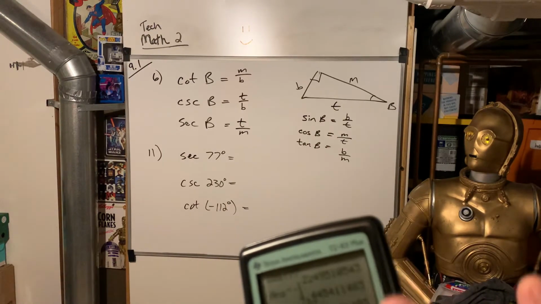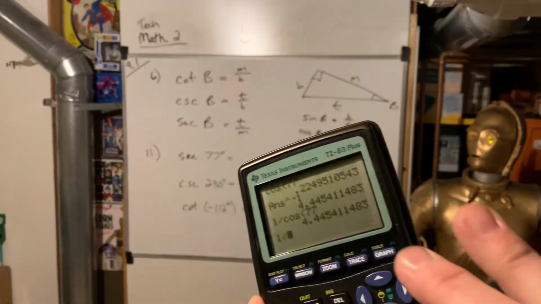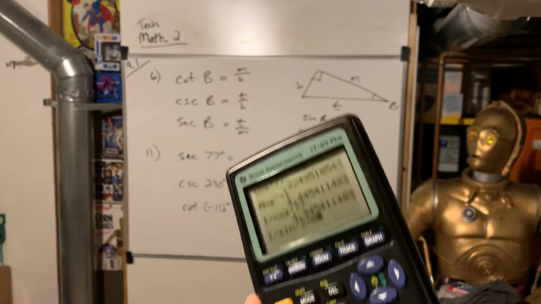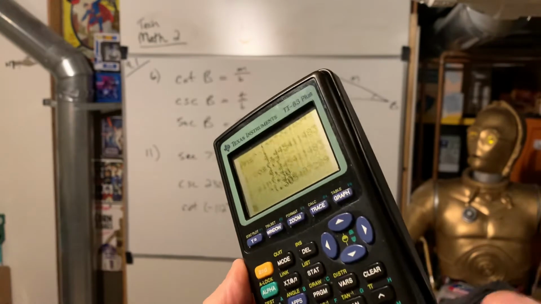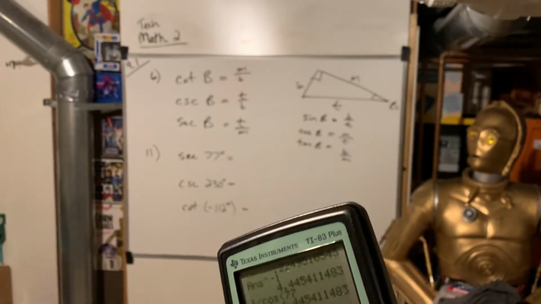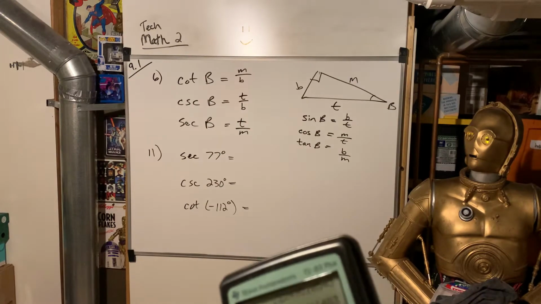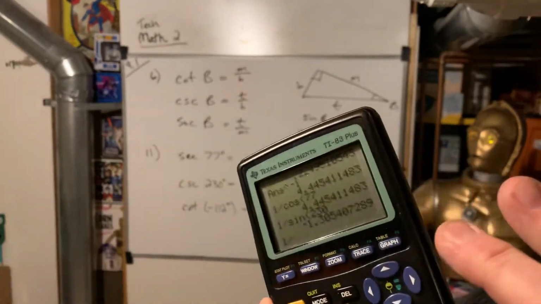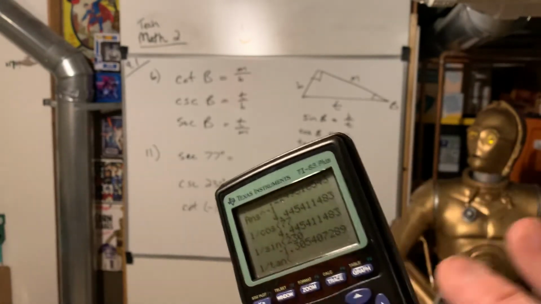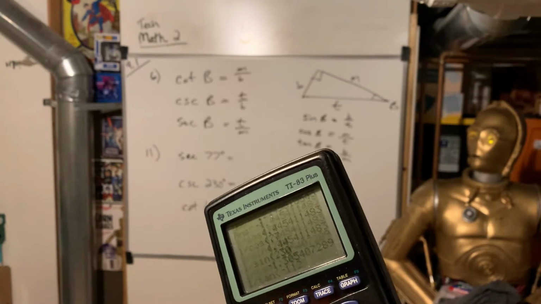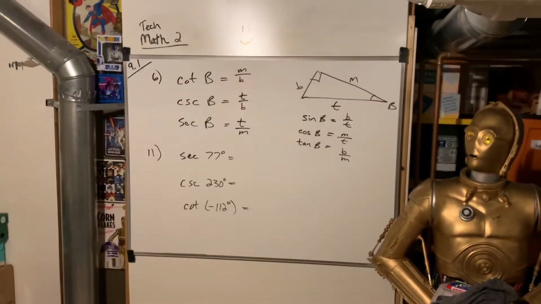So that would be 1 divided by the sine of 230 degrees. And then hit enter. Negative 1.305, and cotangent, that would be 1 divided by the tangent, not the second, just the tangent of negative 112, and that would be 0.404.